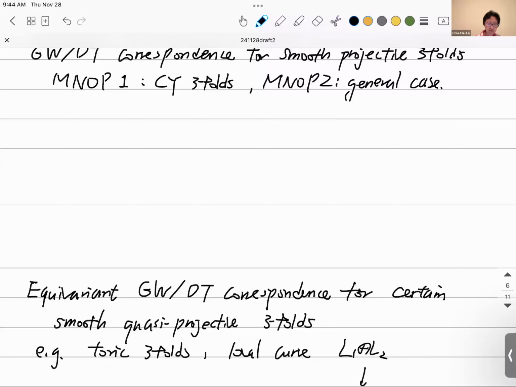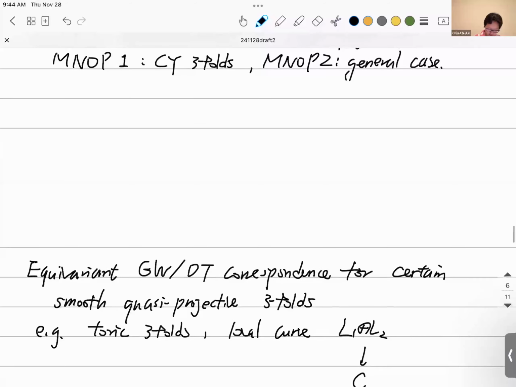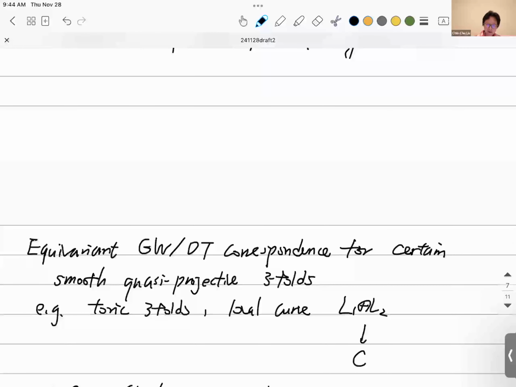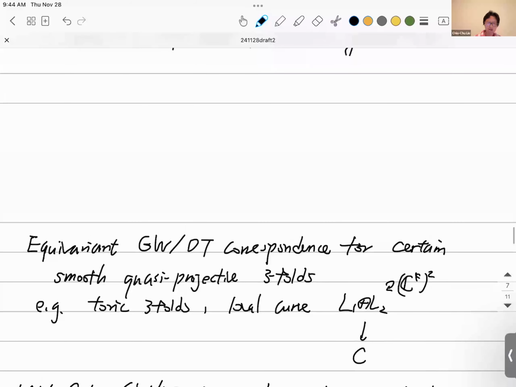Another example is the total space of two line bundles over a curve C. This is a non-compact threefold, and you can consider an equivariant version: you let C star act on the fiber and fix the base. One can then formulate an equivariant Gromov-Witten DT correspondence for the so-called local curve in a threefold.